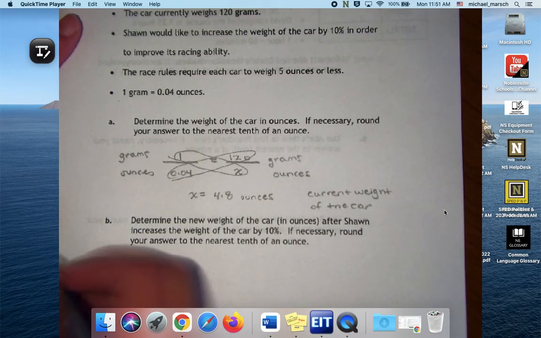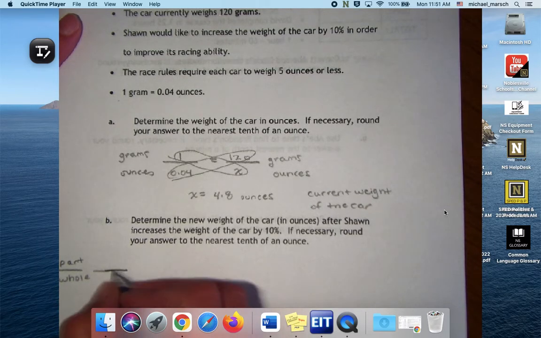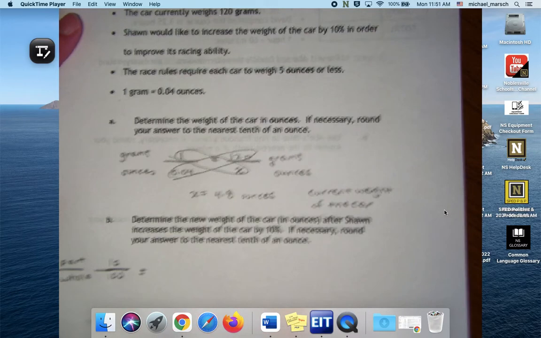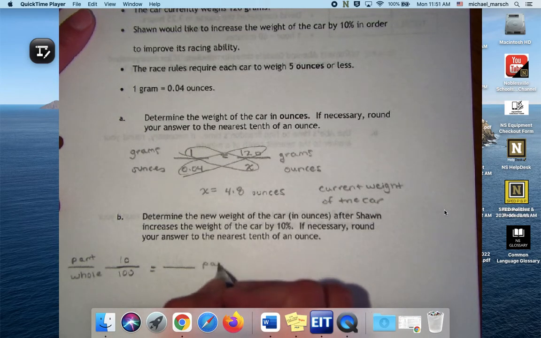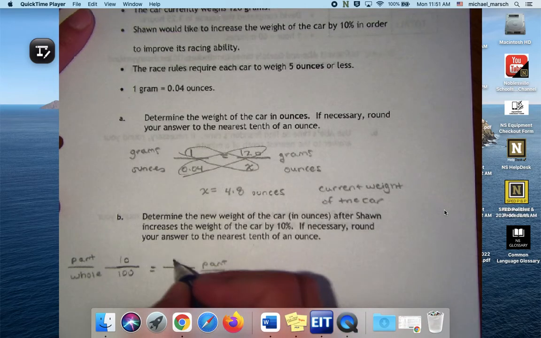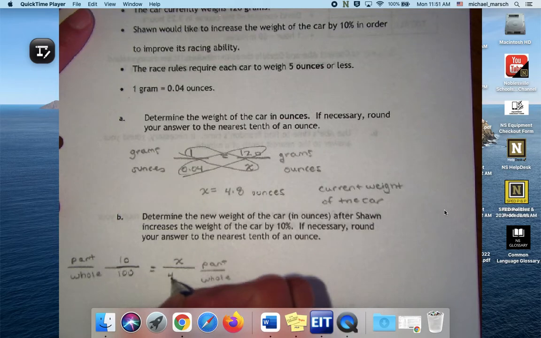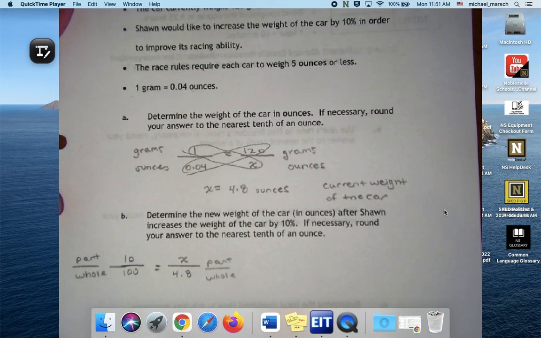So we're going to use that part to whole because we're going to try to find 10%. Remember, we did all these percents last week. We don't know what 10% will be, but we know that right now it's 4.8 ounces.